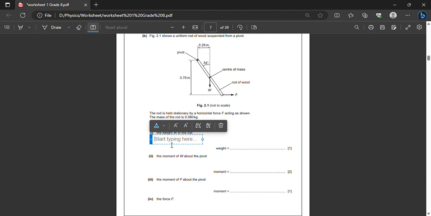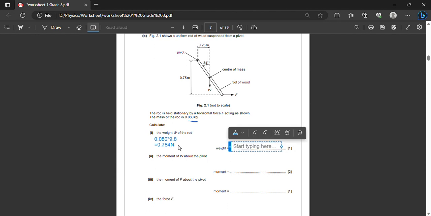So to calculate W, you write the mass, 0.080 times 9.8. When you write this, the answer you get for this is 0.784 newtons. So this is the weight. So the answer of this will be 0.784 newtons.